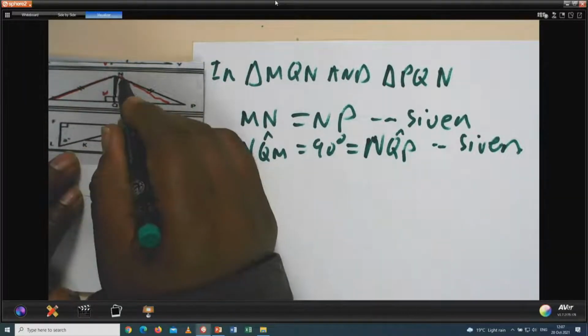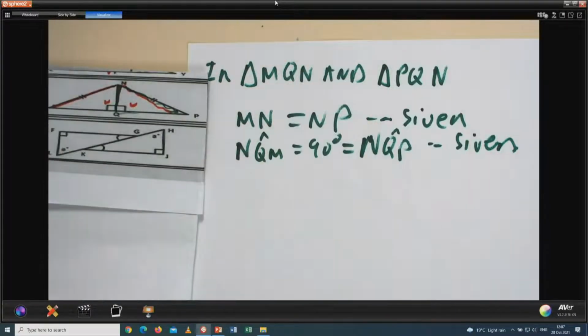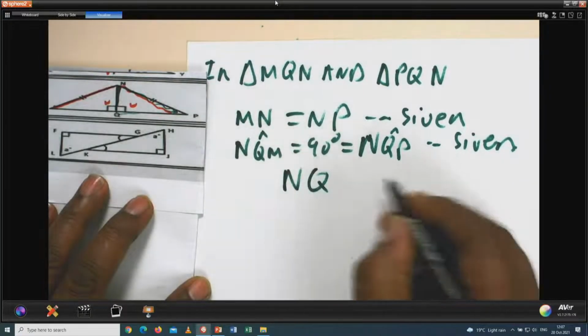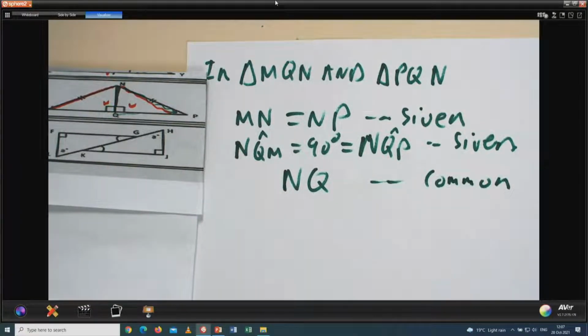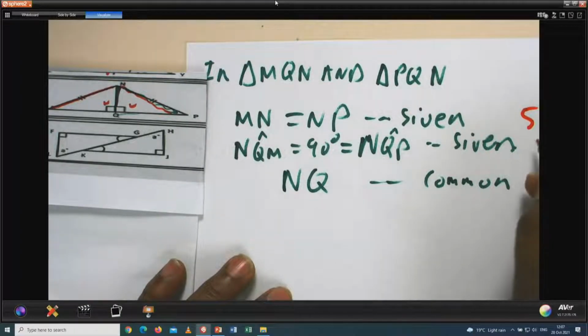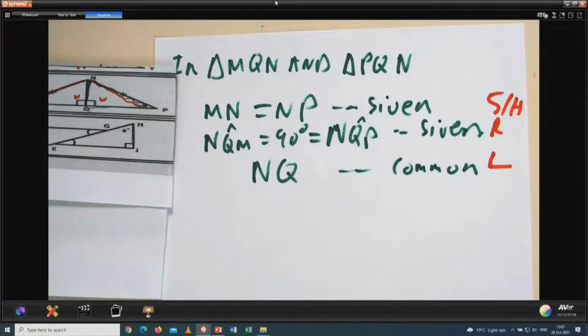But now let's compare the two figures. We need to compare the triangle on the right and the triangle on the left. Do they have any relationship? Yes. NQ is common. Therefore, you've got your side, you've got your angle of 90 degrees, you've got your side, or we can even say your hypotenuse.